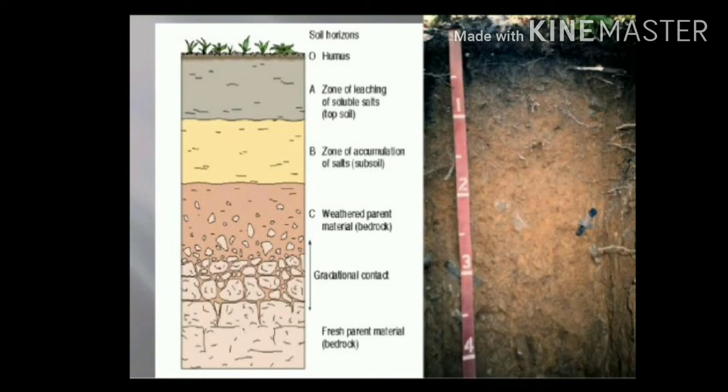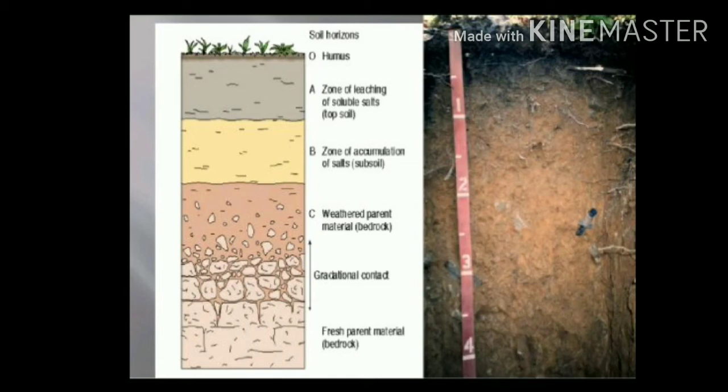In this way the different layers are formed. You can see here how the bedrock is at the bottom, and when that bedrock gets cracks and starts to divide further into small pieces, or particles, it gets converted into soil.